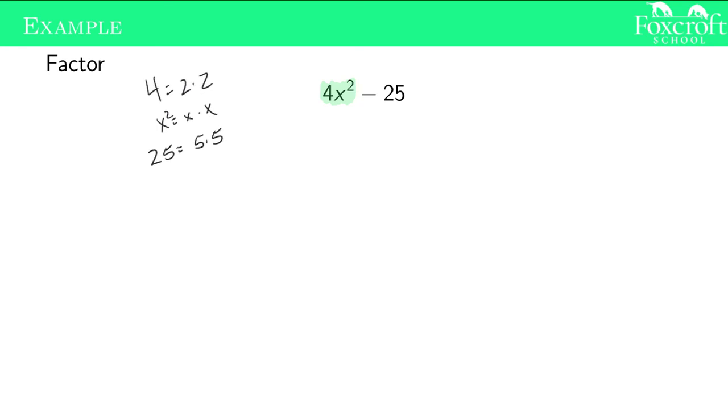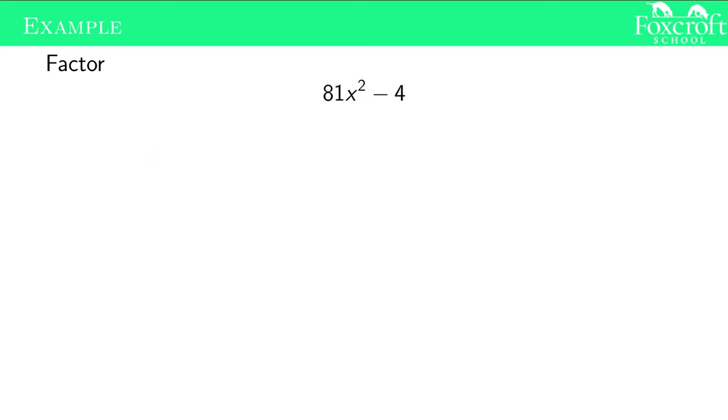And so everything we have in this problem is something multiplied by itself, which means we can still use this difference of squares shortcut to say this is 2x minus 5 times 2x plus 5, right? Because 2x times 2x is 4x squared, and 5 times 5 is 25. So this is a difference of squares, which means you can use this secondary shortcut. And again, as long as we have one minus and one plus, that is the solution.